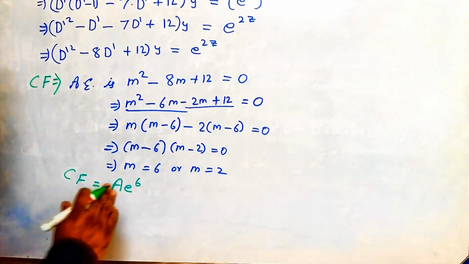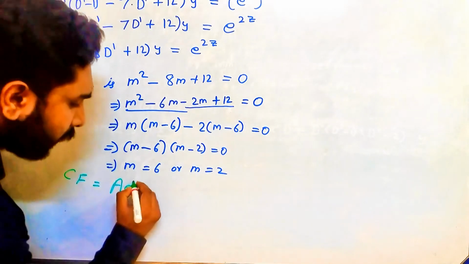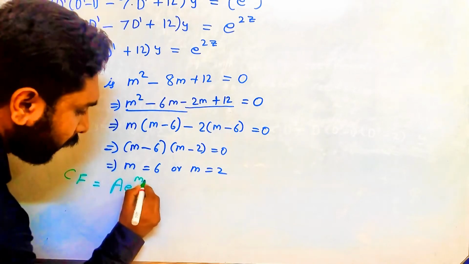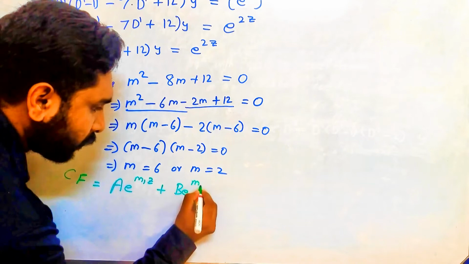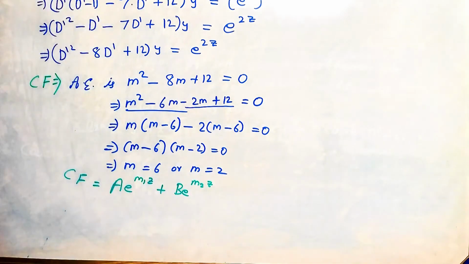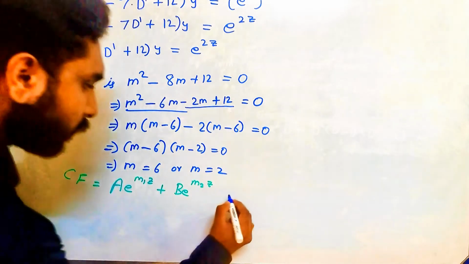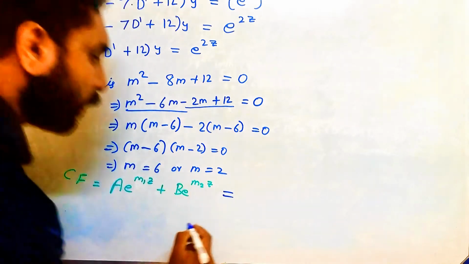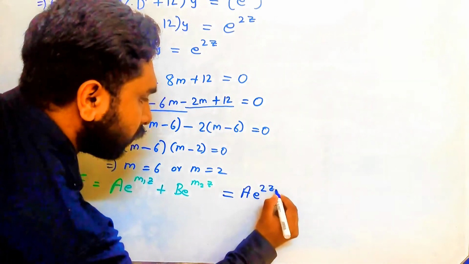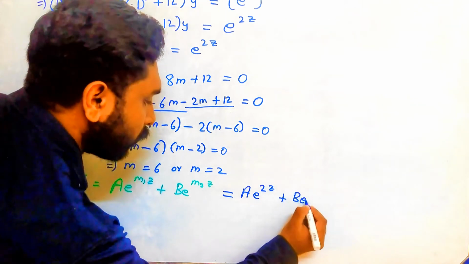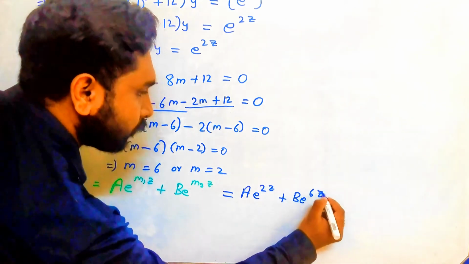So just writing the formula, as it is, a e to the power m1z plus b e to the power m2z. So this is the formula. So by substituting the values of m1 and m2, we can write it as a e to the power of 2z plus b e to the power of 6z.